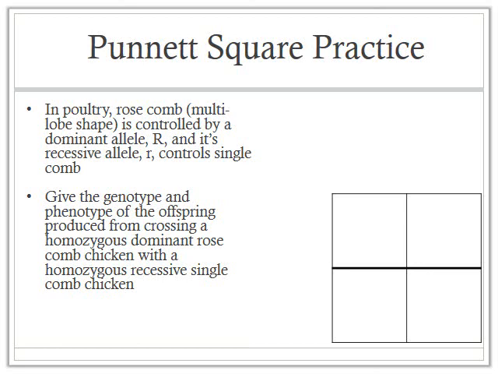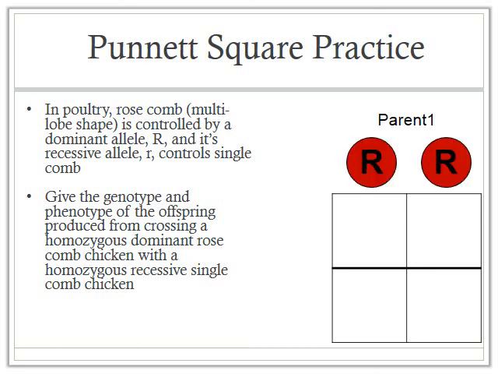So in order to do the parents, parent 1 is homozygous dominant, big R, big R. Instead of doing an oddly shaped circle, I colored it red. Parent 2, little r, because it is homozygous recessive. I colored them white, instead of red. And so now you have your parents, and so you need to fill in the Punnett square.